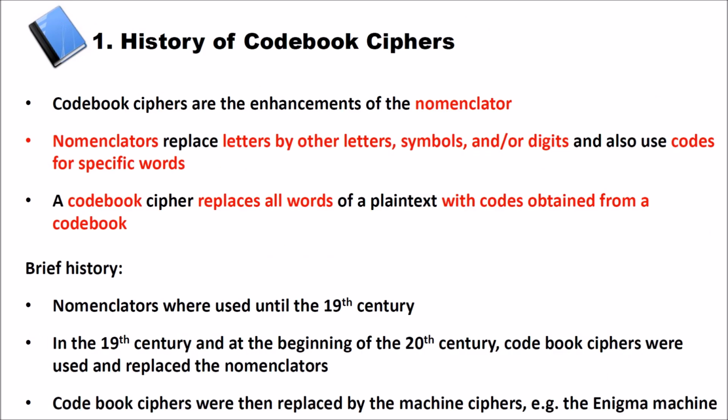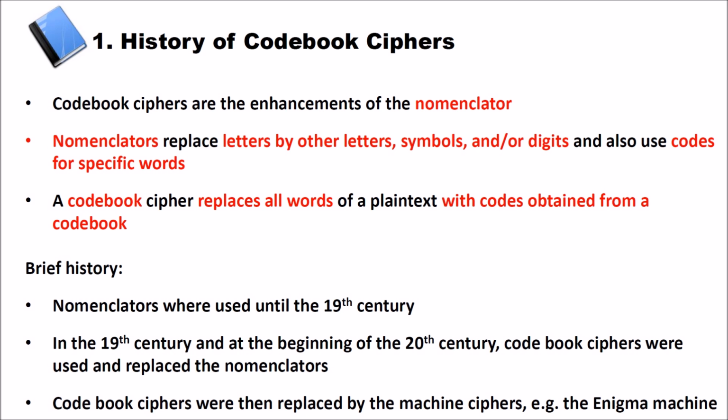Codebook ciphers are the enhancements of the so-called nomenclators. And nomenclators are ciphers that replace letters by other letters, symbols and/or digits, and they also use codes for specific words. So for instance, you replace the A with 01, 02, the B with 15, 16 and so on, so with digits.